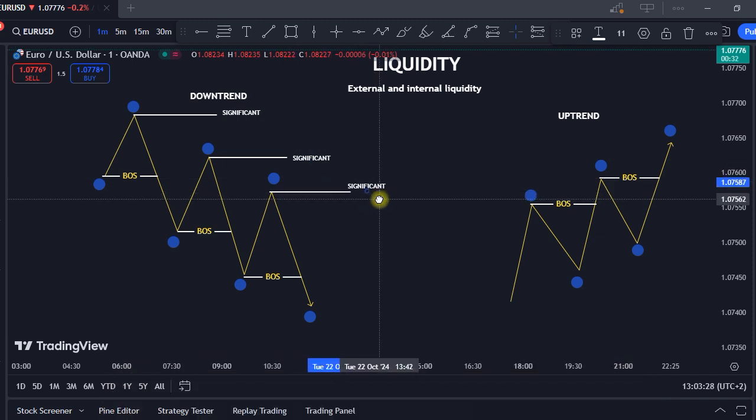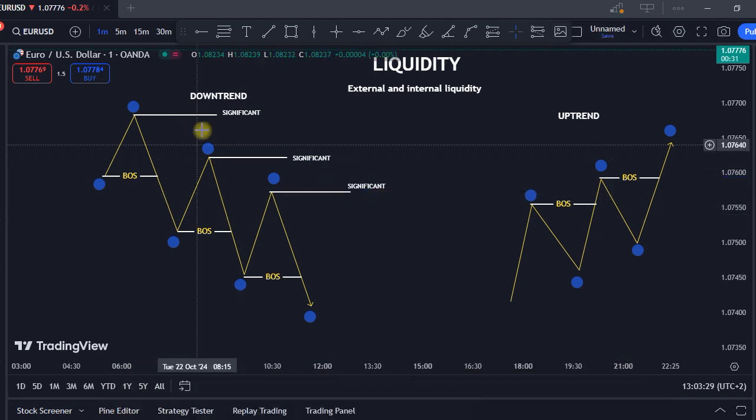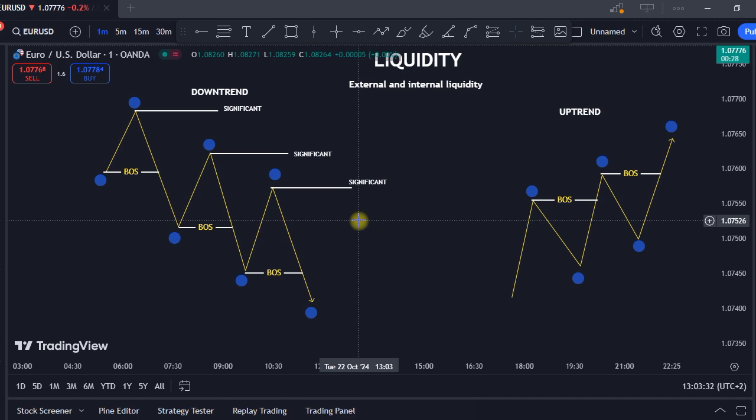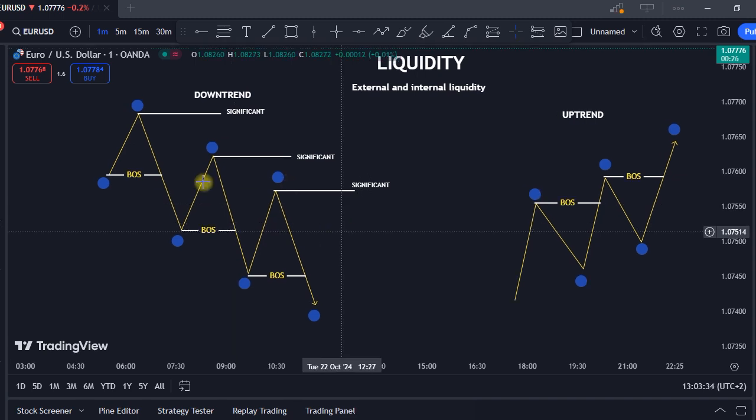These highs are significant because the market is heading towards the downside, so we do not expect the market to take out these highs over here.